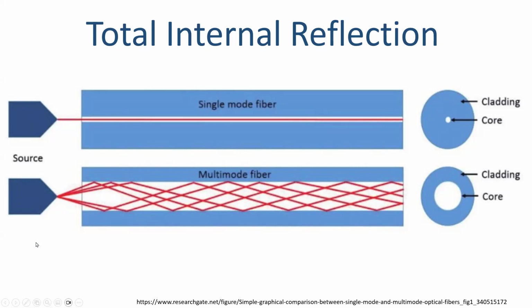That's why, when we have a sharp signal at the transmission end, the signal at the far end is going to be slightly muddy or dispersed, not as sharp. That's why multi-mode fibers are used for shorter distances and single mode fibers are used for longer distances.